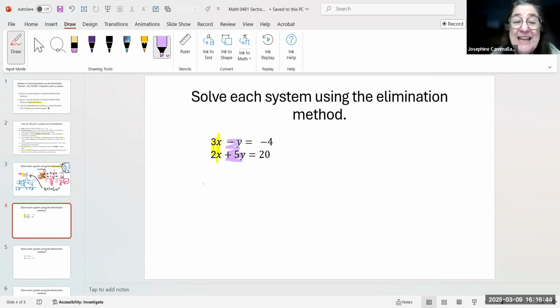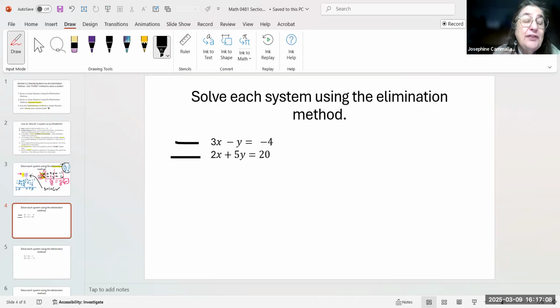I didn't eliminate anything. Okay, this is where the blank comes in. You are going to put a blank in front of both of these equations. Now, do you need both of them? No, but you put them just in case.